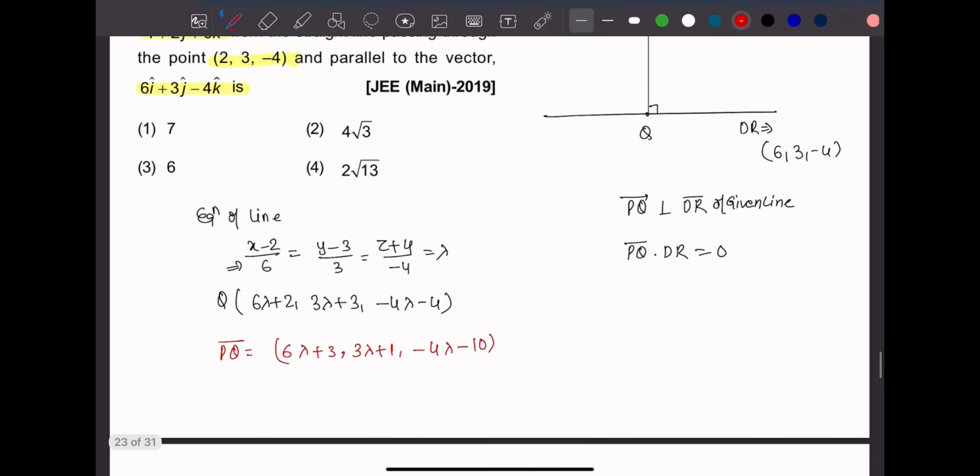Take the dot product with the direction ratio, so we are getting 36 lambda plus 18, then 3 multiplied with 3 lambda plus 1 which means 9 lambda plus 3, plus 16 lambda plus 40 is equal to 0.